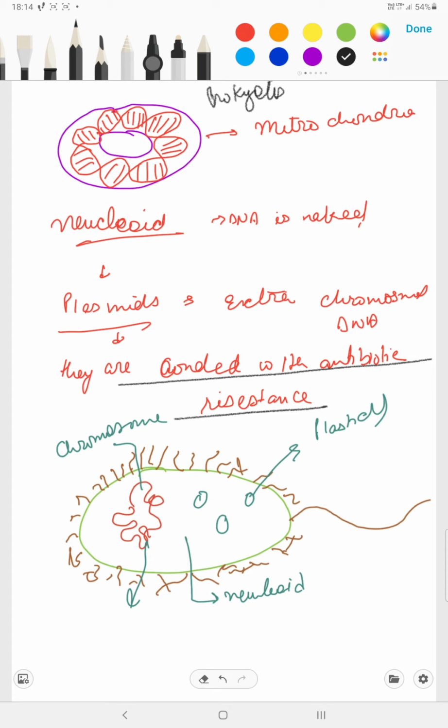Even if it is not there in the bacteria, it wouldn't die. It would continue its life cycle as it is, but it would have no resistance to antibiotics and would die because of that.